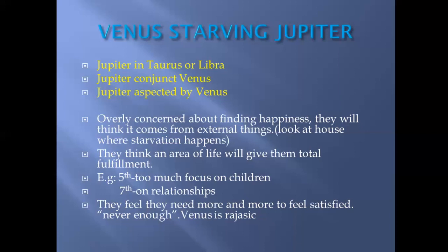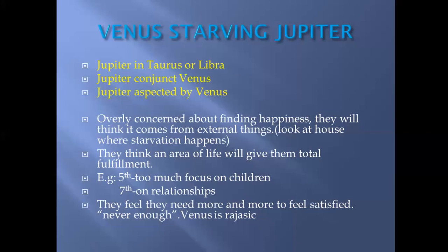So a person with this combination will be too concerned about finding happiness, as they will think it comes from external things. Okay, we can look at the house where this starvation happens in order to see which external things they're going to be focusing on too much. They will feel like that area of life is going to give them total fulfillment.